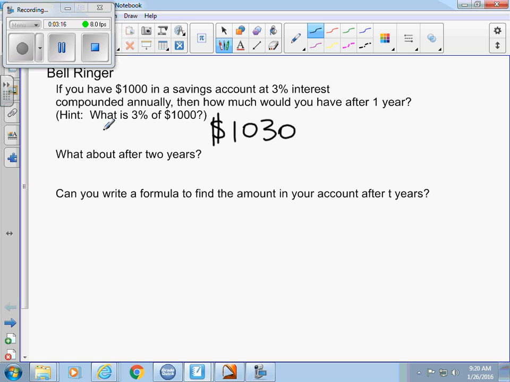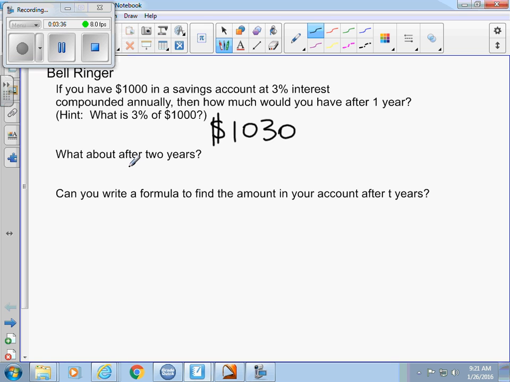It's 103%. Why do you really want 103%? You want the $1,000 that you already had plus the 3%. So that's an interesting way to think about it. It is a great way to think about it. It will help us in a moment.